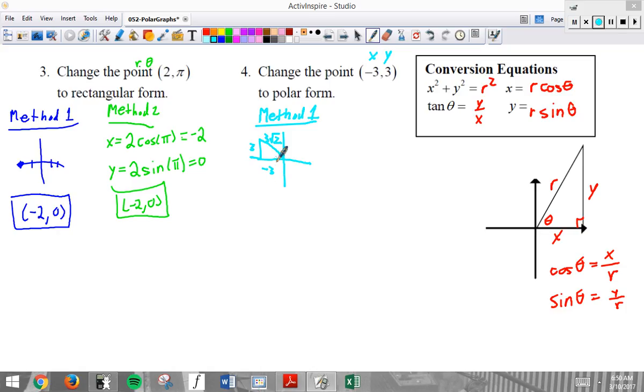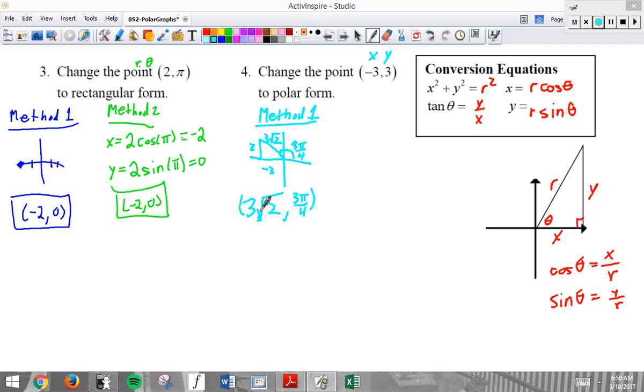Okay, and then this angle, if it's a 45, 45, 90 triangle, if it's a 1, 1, √2 triangle, the angle here is pi over 4. So the reference angle is pi over 4. So this angle would have been 3 pi over 4 to get the negative x and the positive y. So the radius is 3√2. Gross, sorry. And the angle is 3 pi over 4.